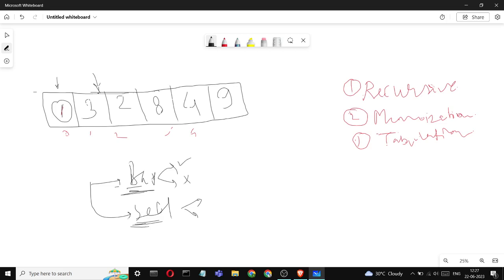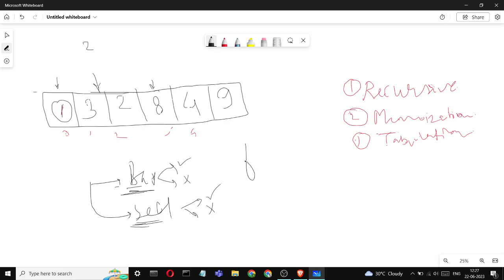Either I can sell it at price 3, so I will get a profit of 2. I have to give the transaction fee, but that we will do later. Or I can skip this and sell it on any other day. I will sell or I will not, that is up to me. So these four possibilities are what I am seeing.